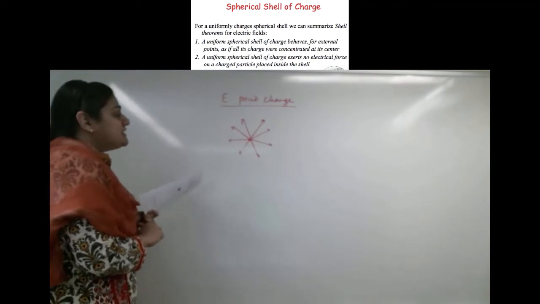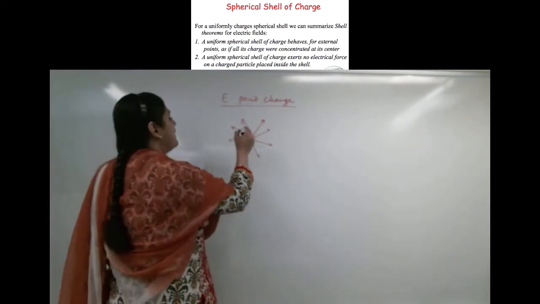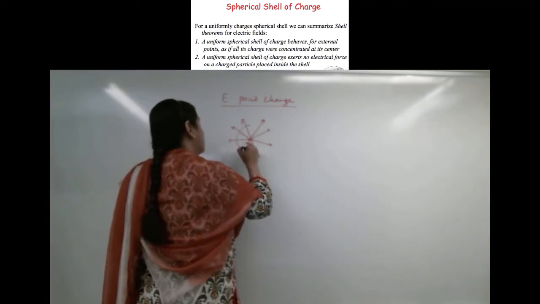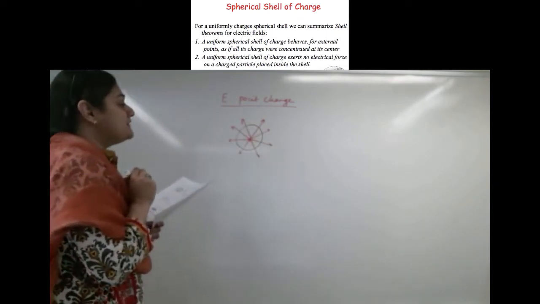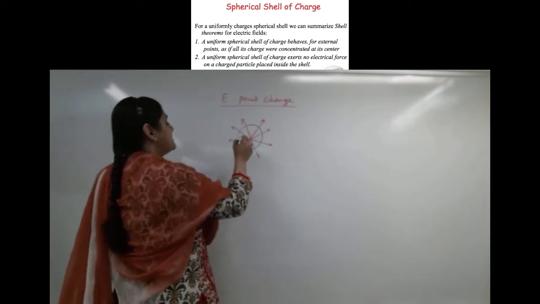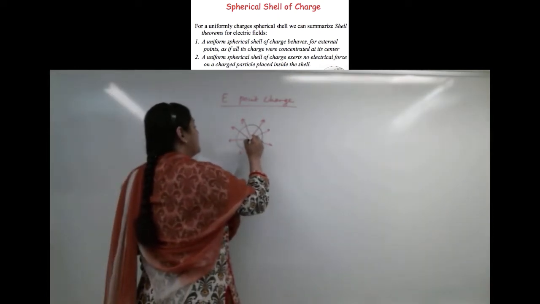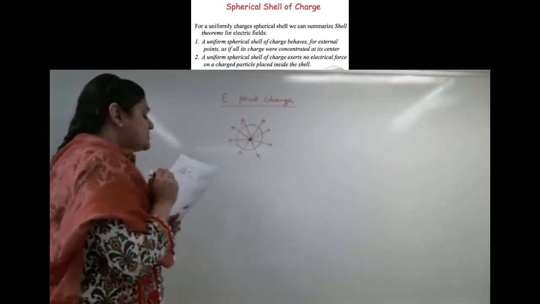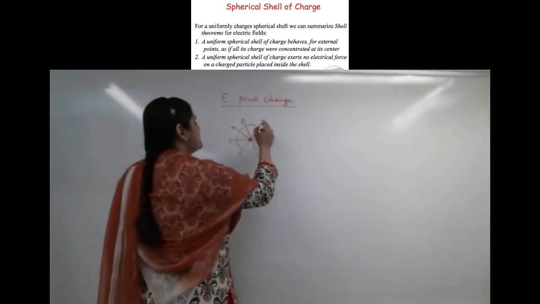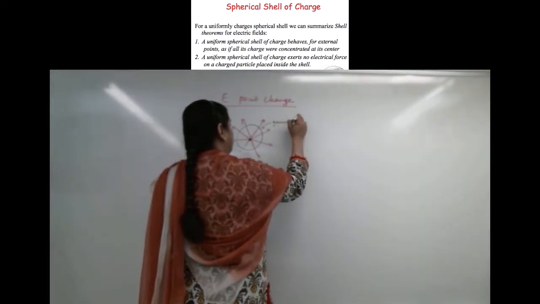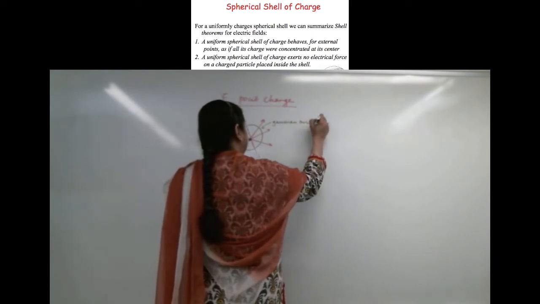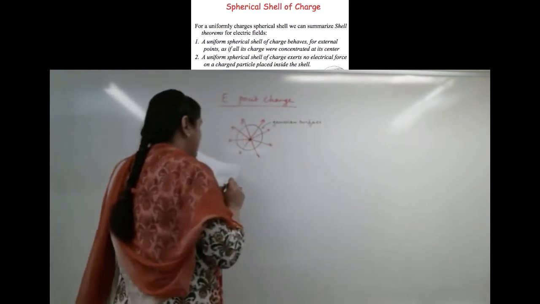The most logical Gaussian surface, taking into account all of the flux coming out of this positive charge, will be of this kind. So this is going to be my Gaussian surface. What is the next step?